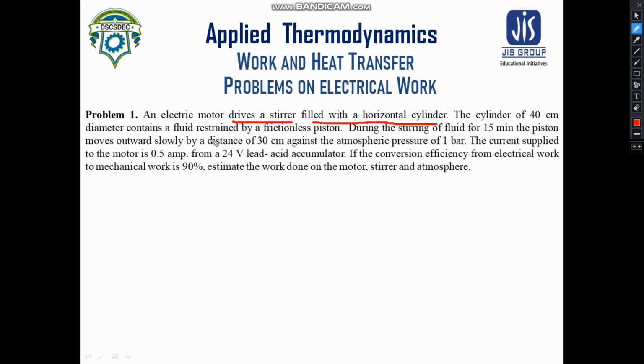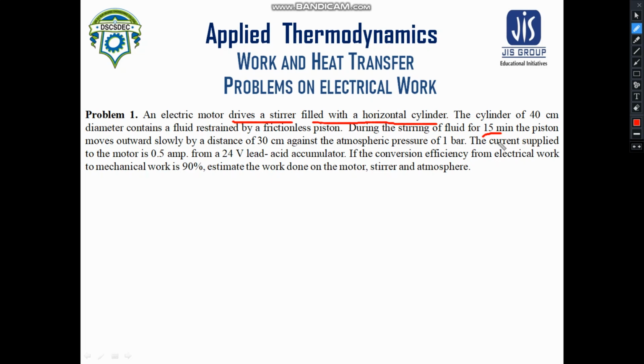That means the pressure which is applied by the fluid is balanced by the weight which is given on the piston. Now what happens? The fluid is being stirred for 15 minutes. The temperature of the fluid, because of this stirring action, obviously increases.